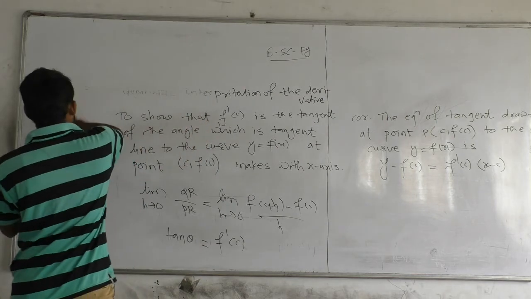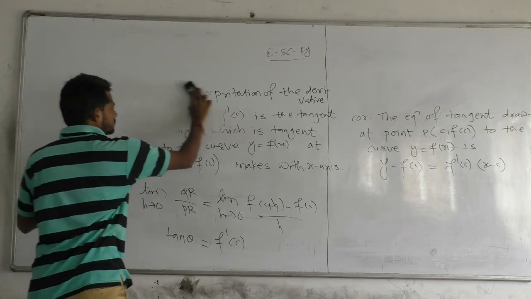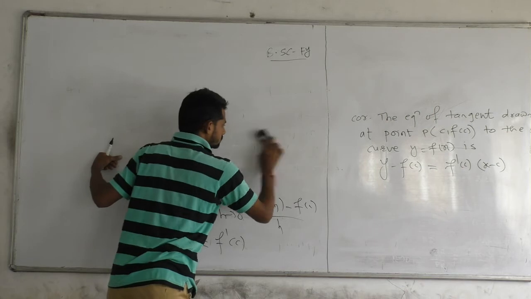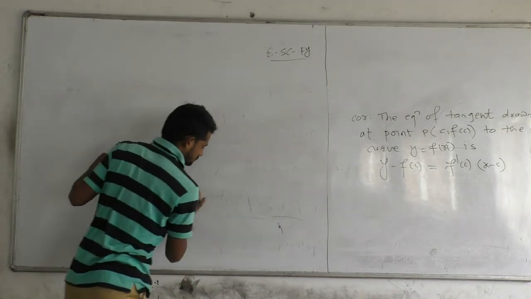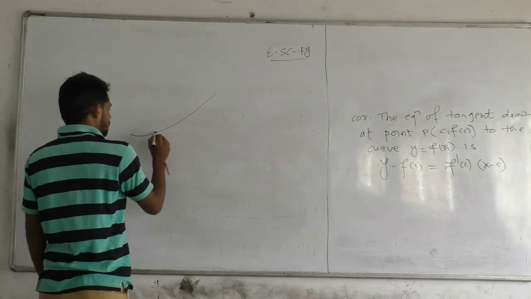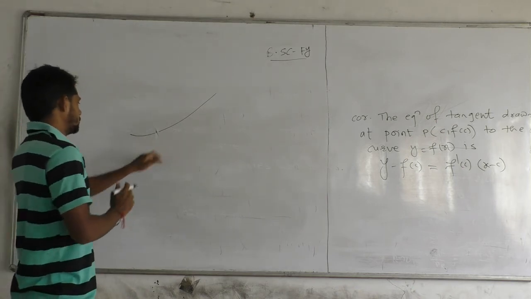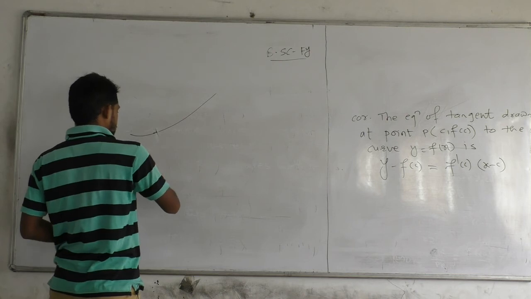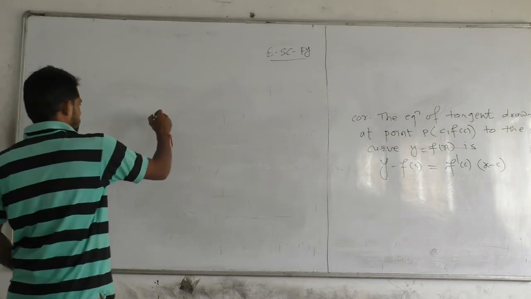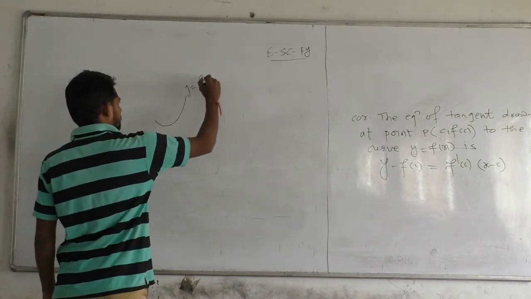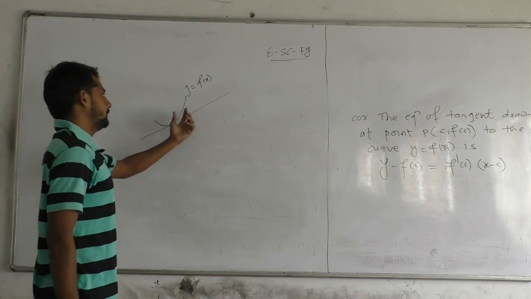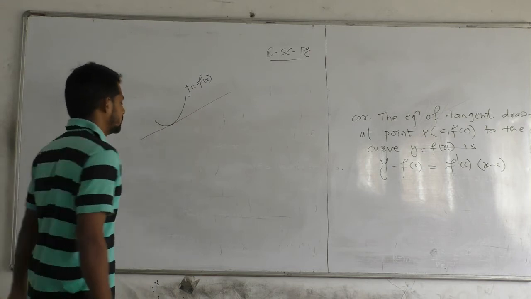Now proof of this corollary. If this is the given curve y is equal to f of x and the tangent to the curve is this, we have to calculate the equation of this tangent.